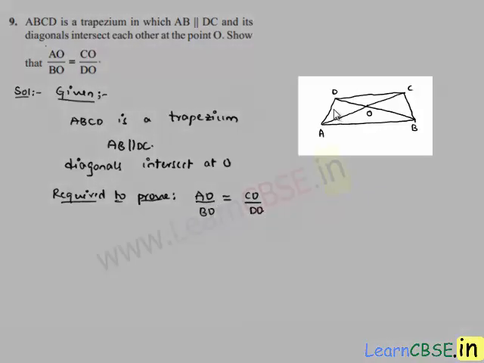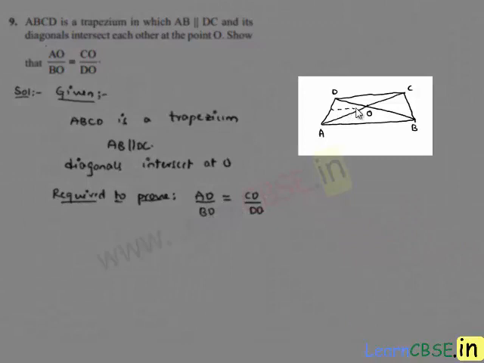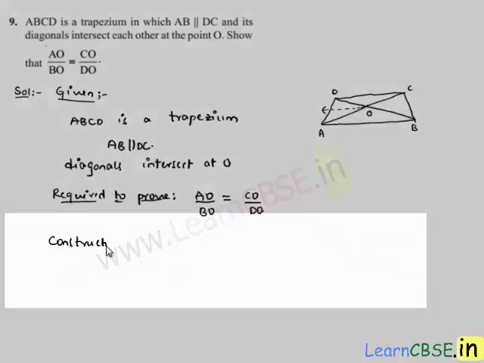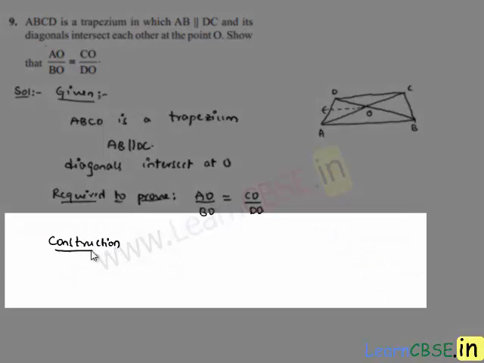In order to prove this, let us draw OE such that it is parallel to AB. That comes under construction. As AB is parallel to CD, we can say that OE is also parallel to DC.